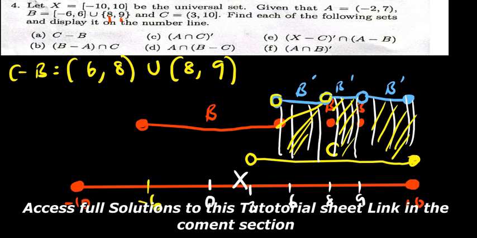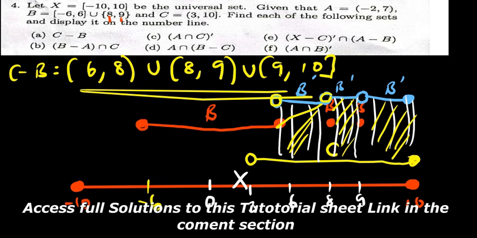Then union, again I'll start from 9 all the way to 10. But now the last one is included. So this is my C minus B. That's the answer. It's interesting, right? Very interesting, actually. So it's just a matter of you understanding what is happening.